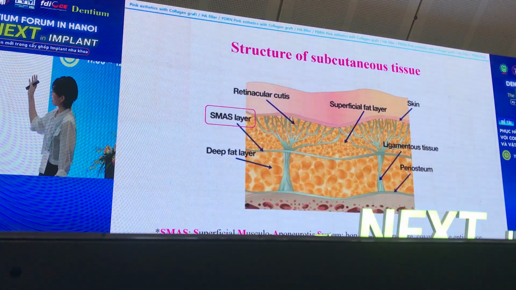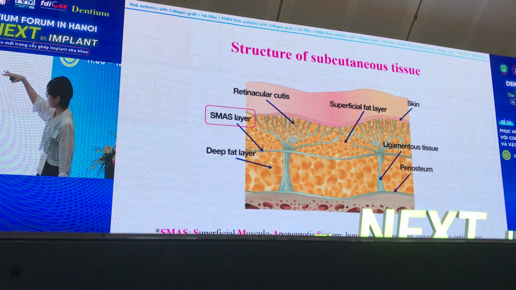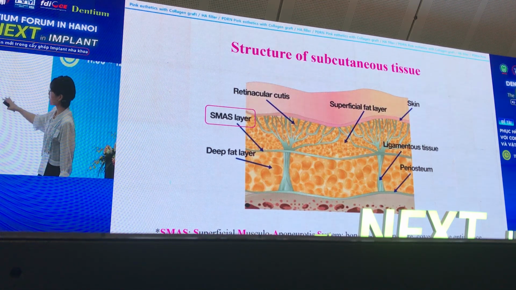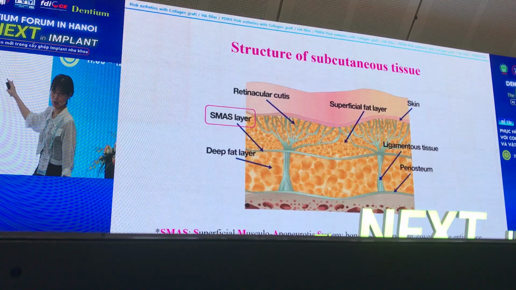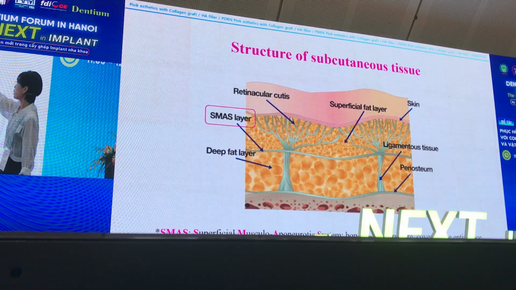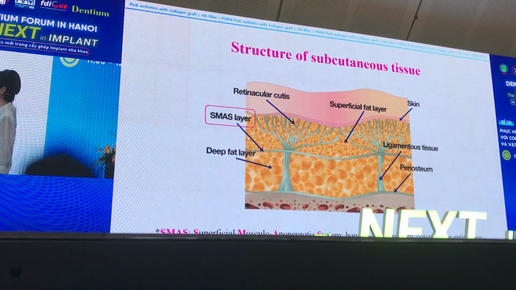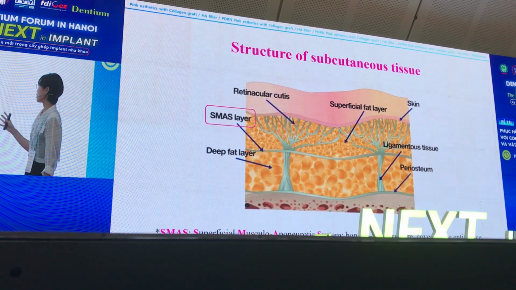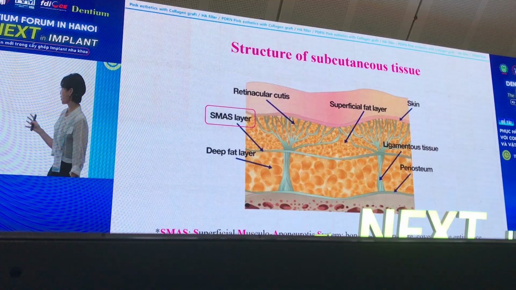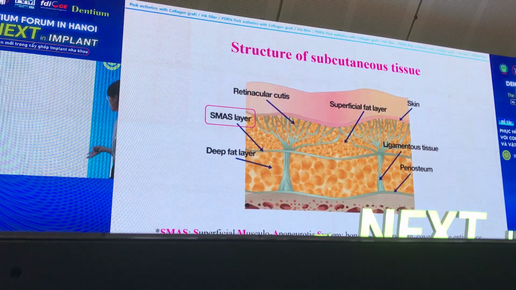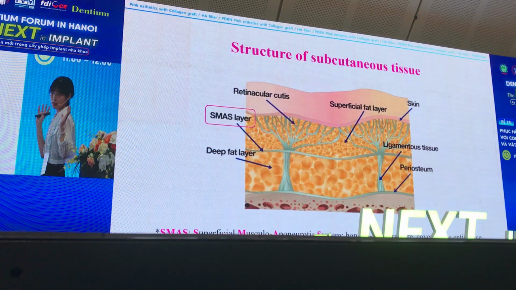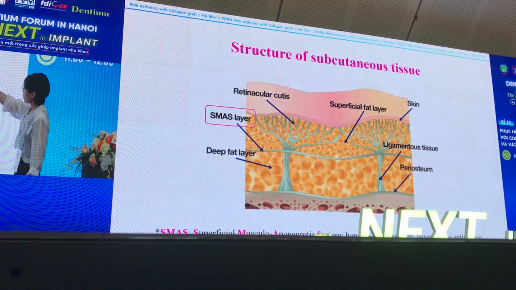So let's look at underneath the skin. I told you there are the plastic tissue layers, right? In the middle of the plastic tissue layers, we have to focus on the SMAS layer. The SMAS is the superficial muscular aponeurotic system, which covers the entire face.